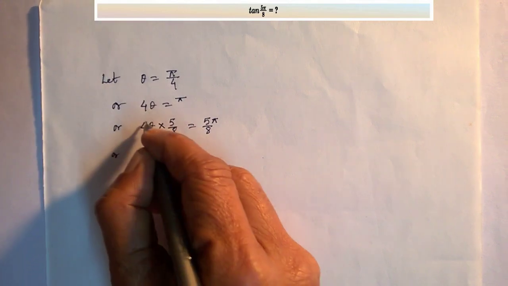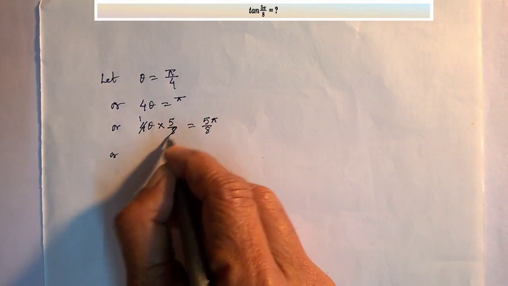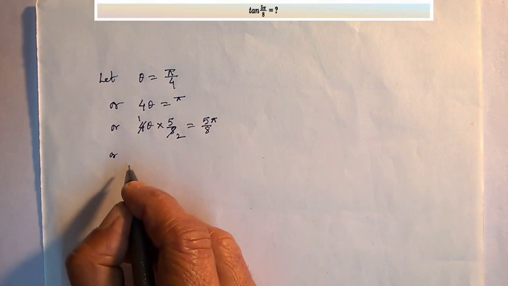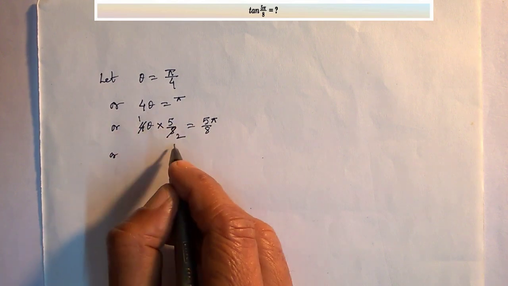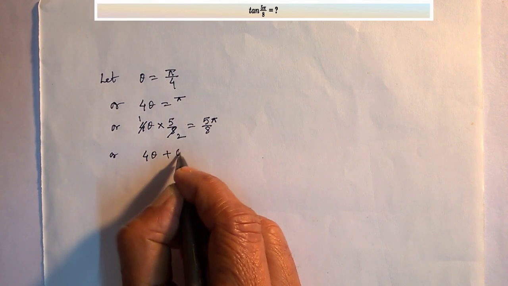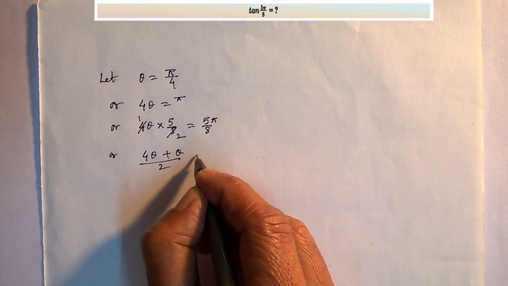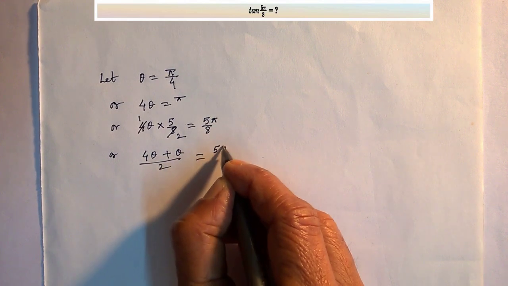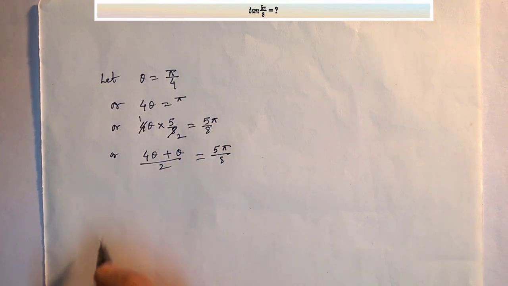After simplification, 4 1 the 4, 4 2 the 8, so 5 theta by 2. So writing 4 theta plus theta by 2, right hand side 5 pi by 8.